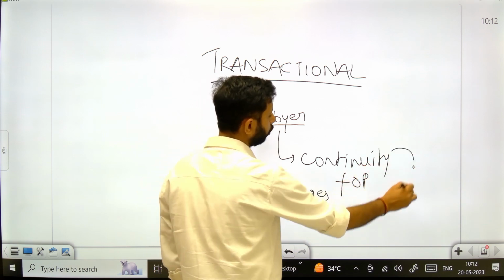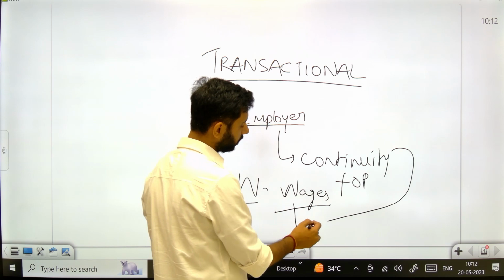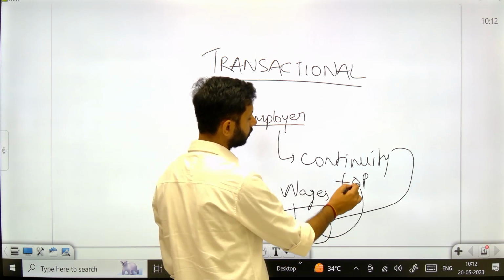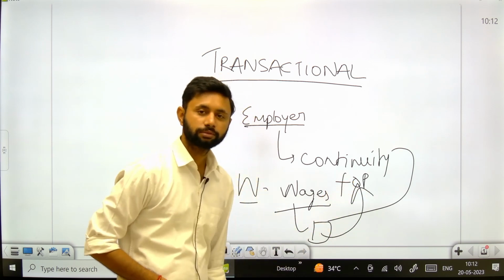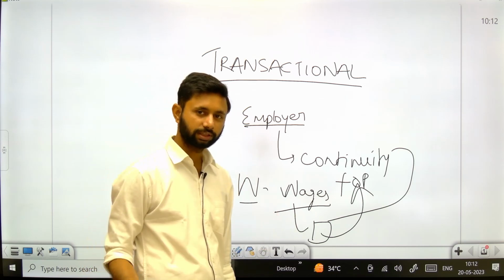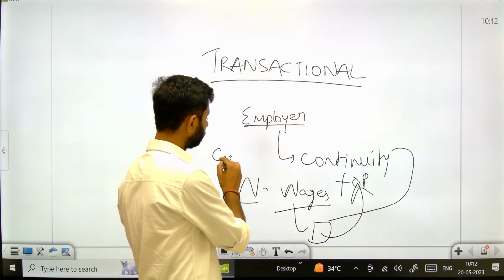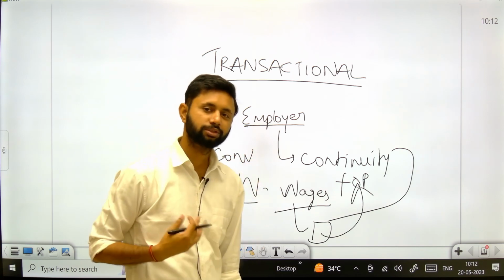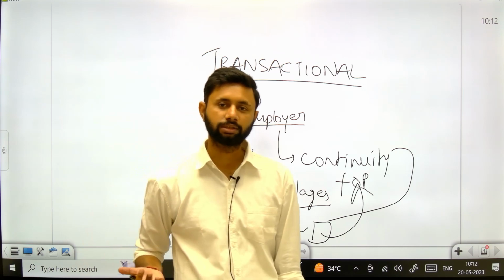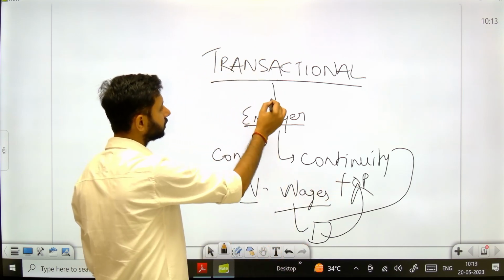They can sit and reach a compromise: if you increase wages up to this level, I'll continue to work in a flow manner. This is just a transaction between these two people, irrespective of convergence of interests. There is no attachment, it's just a transaction. You give me this, I'll give you this. So this is a transactional relationship.